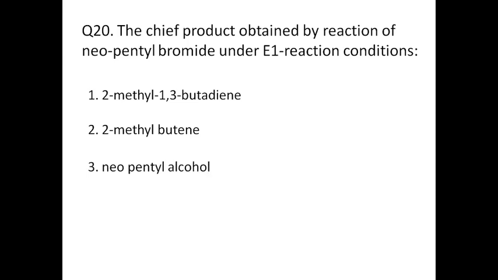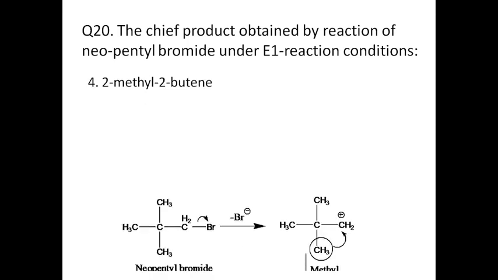Next, 20. The chief product obtained by reaction of neopentyl bromide under E1 reaction conditions. This can be 2-methyl-1,3-butadiene, 2-methyl-butene, neopentyl alcohol, or 2-methyl-2-butene. The right answer is 2-methyl-2-butene.